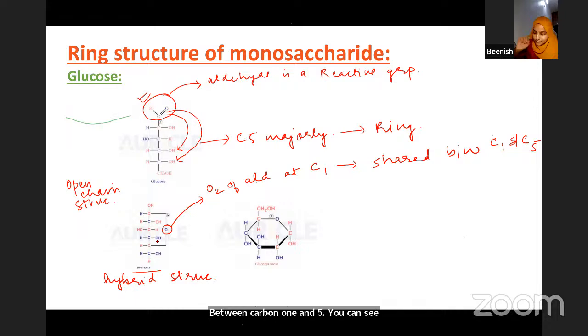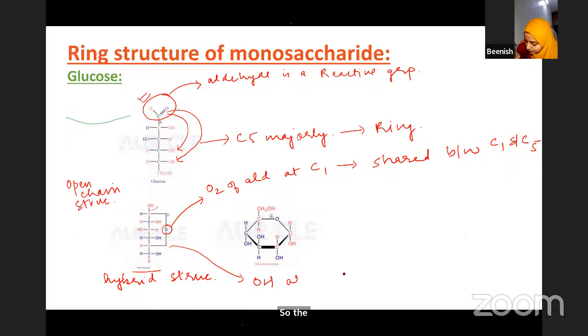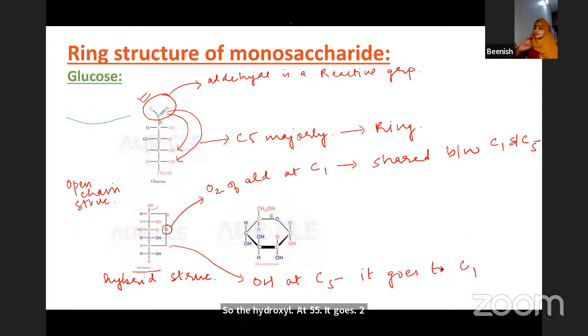And the hydroxyl of carbon 5 goes to carbon 1. So the hydroxyl at carbon 5 goes to carbon 1.